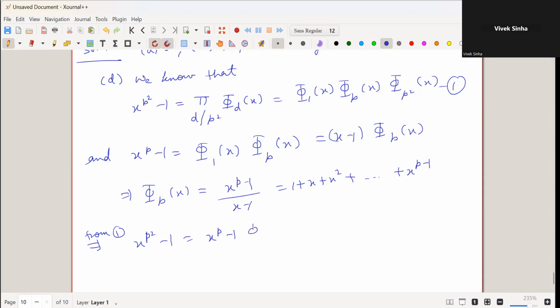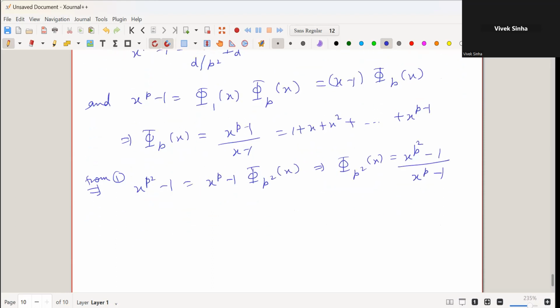So this times you have phi p^2 of x. So your phi p^2 of x is nothing but x raised to p^2 minus 1 divided by x^p minus 1.